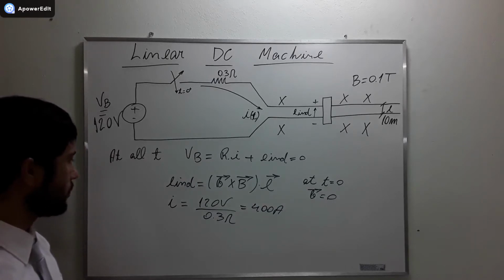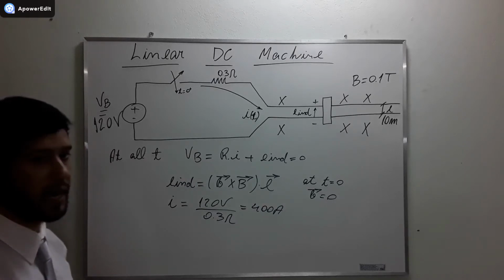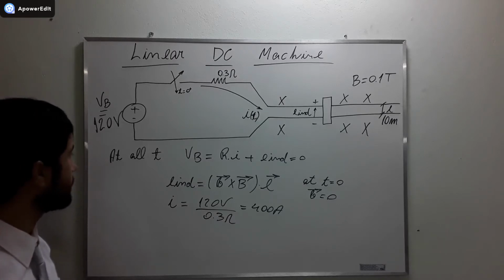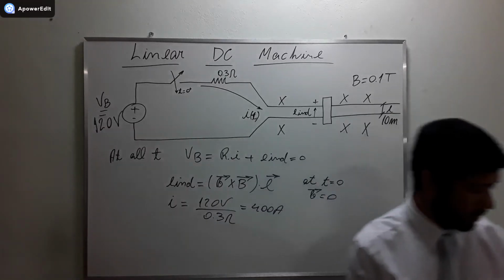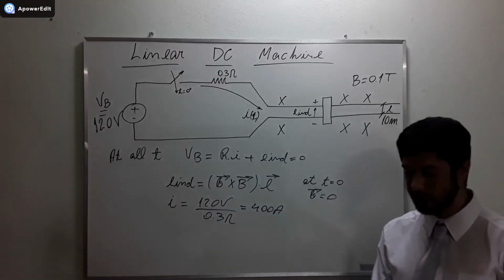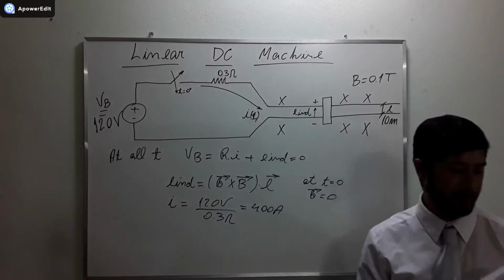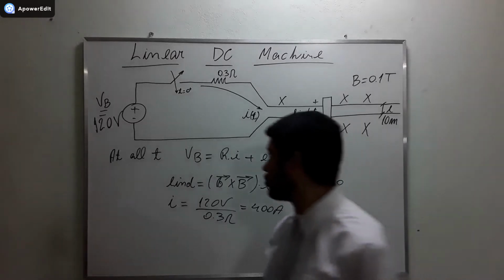Okay. Now that we already have the starting current at t equal to 0, we can calculate the other topic. Letter A asks us to calculate the steady state velocity at no load.